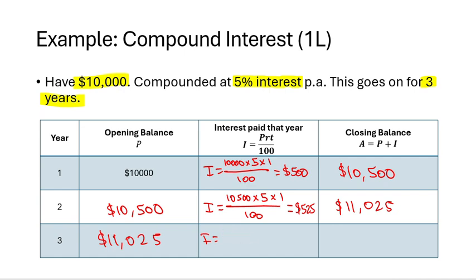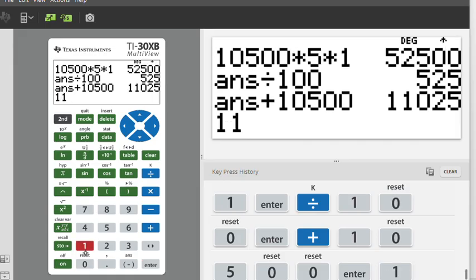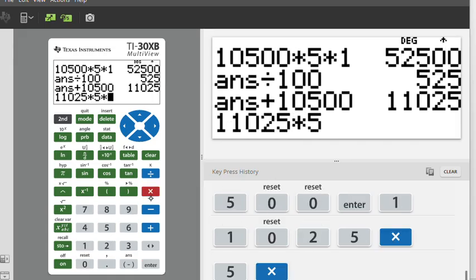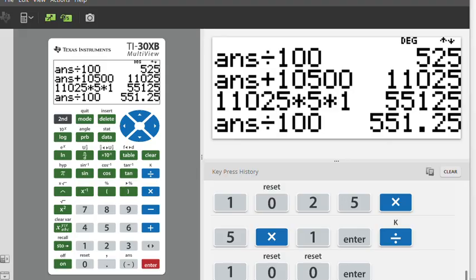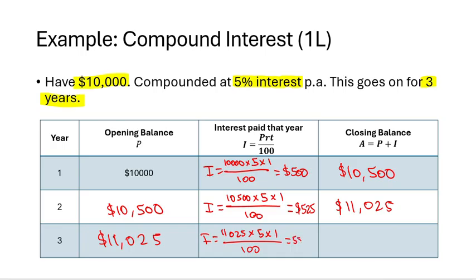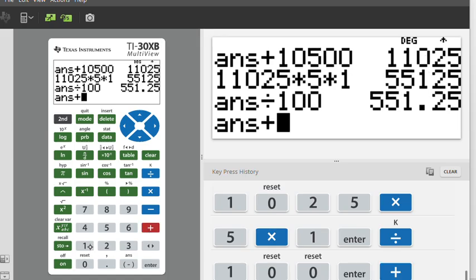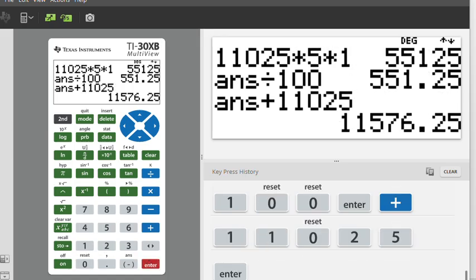Whoops, mistake. 11,025 times 5 times 1 over 100, which equals 551.25. Then obviously you're just going to add this plus 11,025.